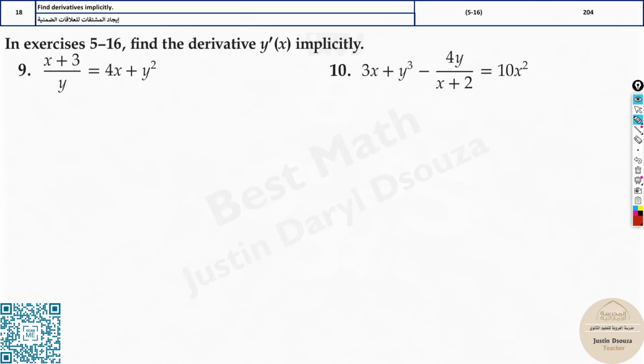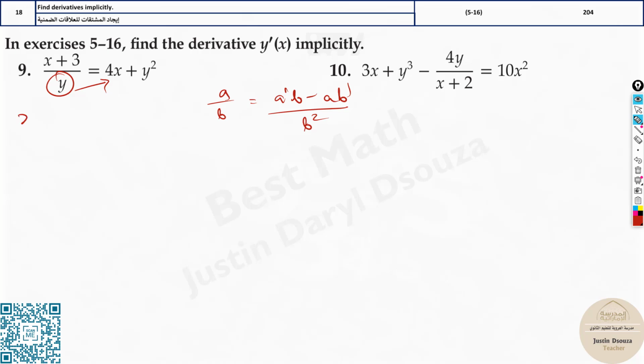Moving to question 9, when you look at this, you might be thinking, okay, we must use a by b equals a prime b minus ab prime divided by b squared. That's the quotient rule, isn't it? But let's wait a minute. You can solve it like that, but it'll just be more complicated. Whereas there's a simpler way: you can manipulate the question by just moving this y to the other side, or multiplying throughout by y.